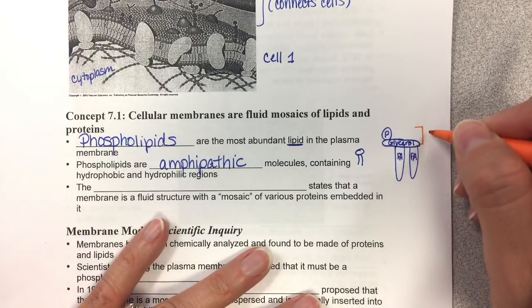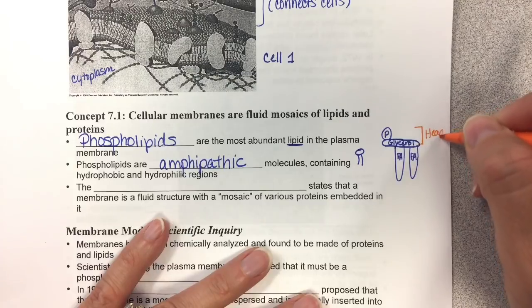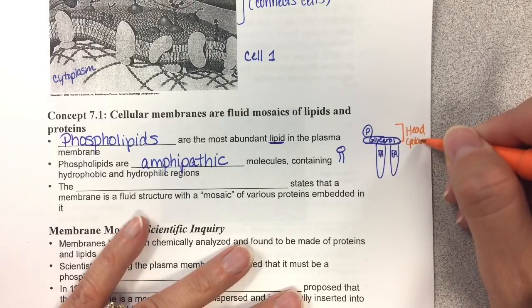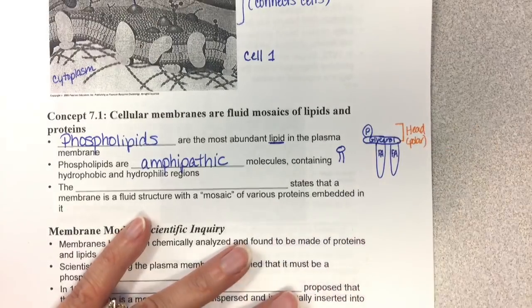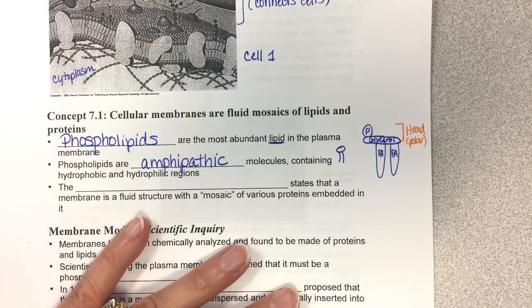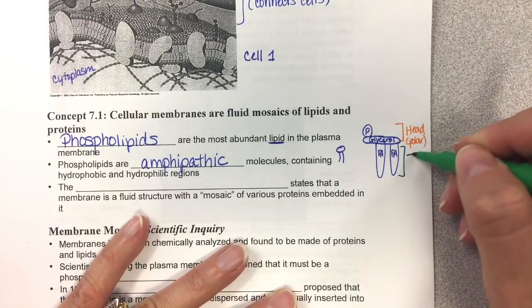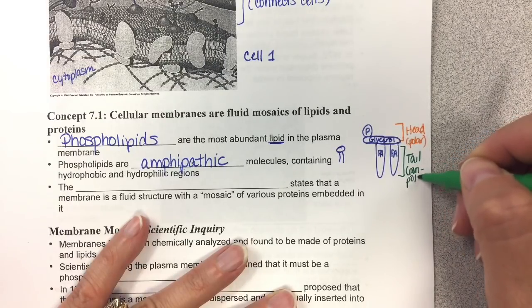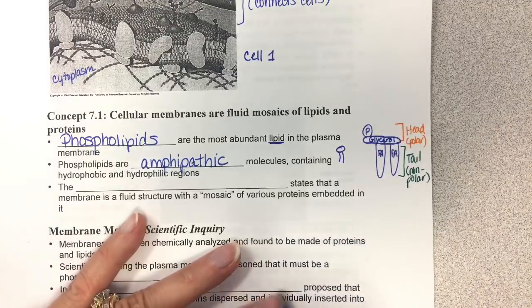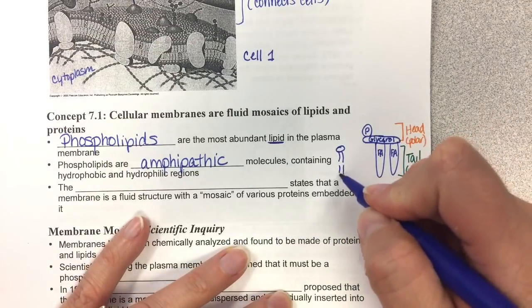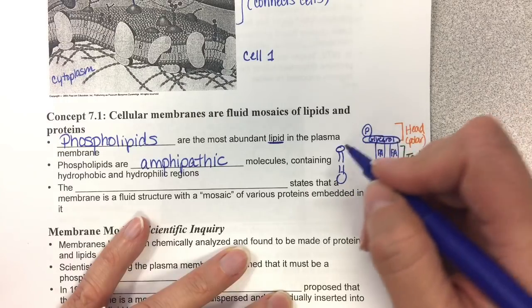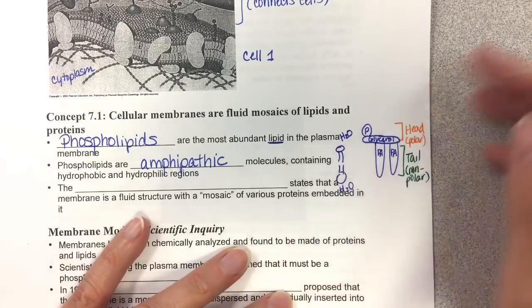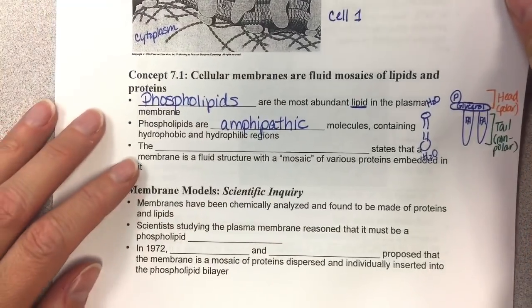The phosphate group is called the head portion, and that, remember, is polar. Then you have the fatty acids, the tail region, and these are nonpolar hydrocarbon chains. So in the lipid bilayer, the polar heads face the water inside and outside of the cell, and the tails are in the center.